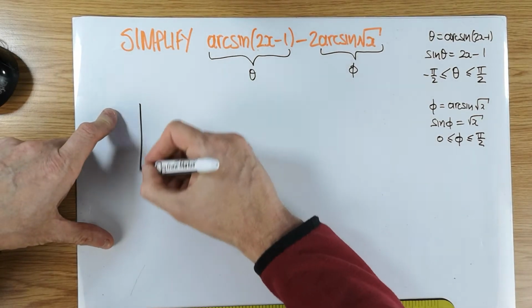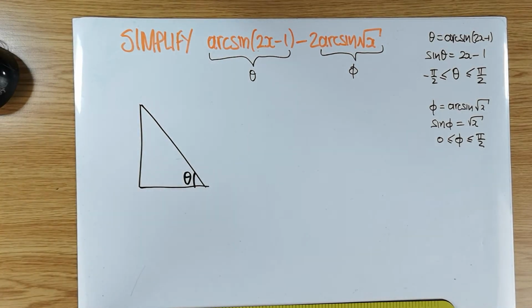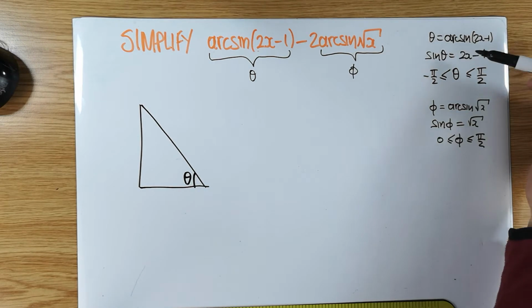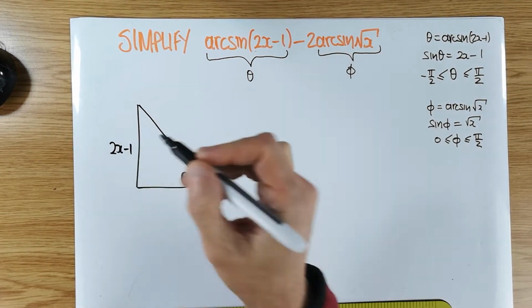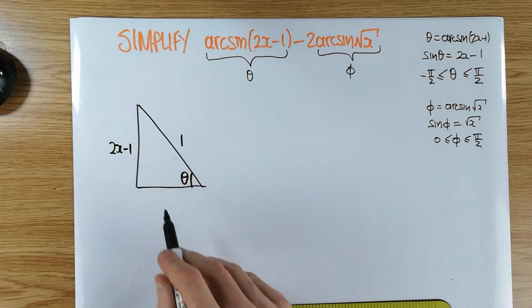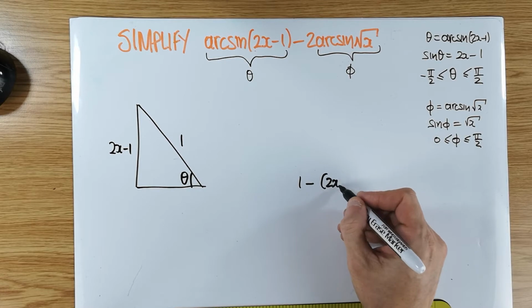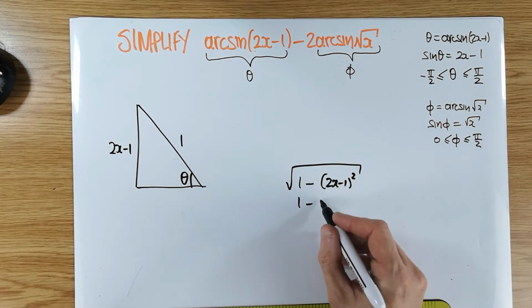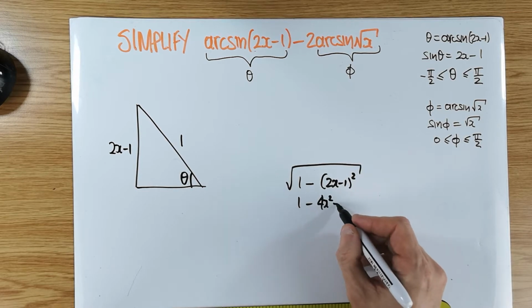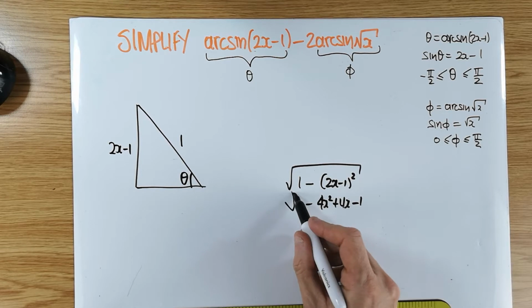I'm going to draw one for the theta first of all. That's the theta triangle. Mark one of the acute angles as theta and put in the information. We've got the sine of theta is 2x minus 1, so this side is 2x minus 1, opposite, and this is the hypotenuse, 1. I need this side, by Pythagoras: the square root of 1 minus (2x minus 1) all squared. It's going to give me 1 minus 4x squared plus 4x minus 1, I'm just removing the bracket at the same time.